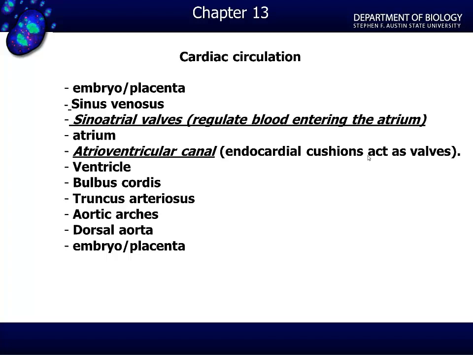They're going to be really important, as well as the atrioventricular valves. But then we have our single atrium, the atrioventricular canal, the single ventricle, bulbus cordis, truncus arteriosus, aortic arches, dorsal aorta, and once again we have our umbilical artery going to the placenta, and that would conclude our circulation of the blood from the placenta back to the placenta.